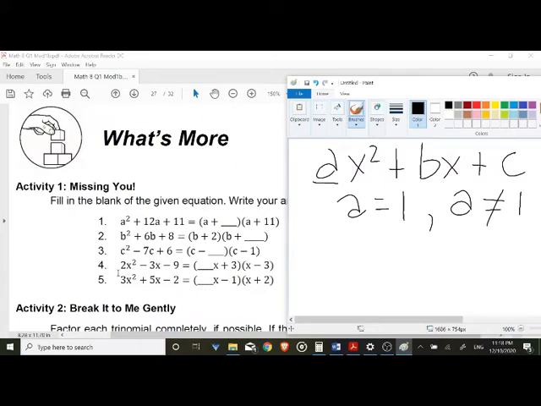Pag hindi naman equal to 1, yan nakasulat. For example, yung number 4 natin tsaka number 5. 2x squared yung simula nila. Sa number 5 is 3x squared. Ang tawag po natin sa coefficient niya ay leading coefficient. Itong a is the leading coefficient.